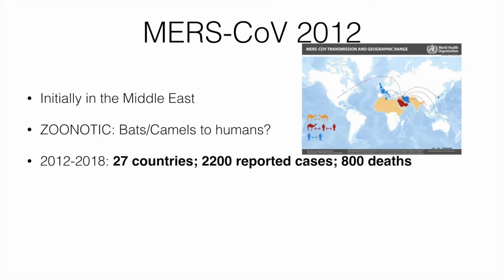Moving on to MERS. As I said earlier in the presentation, MERS was originally discovered in Saudi Arabia, so it initially began in the Middle East and gradually spread out, as you can see here in this map.